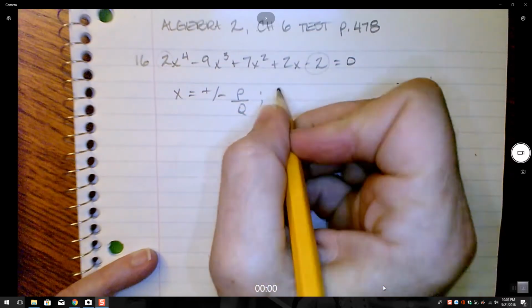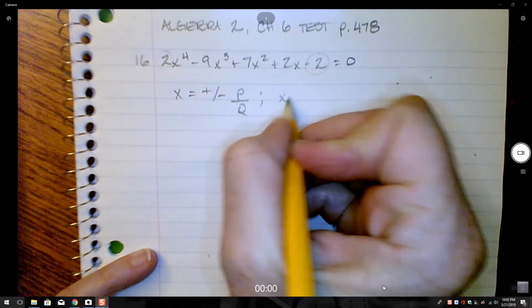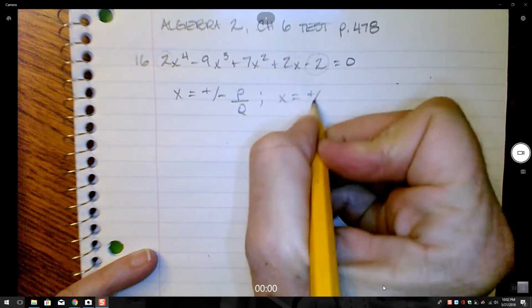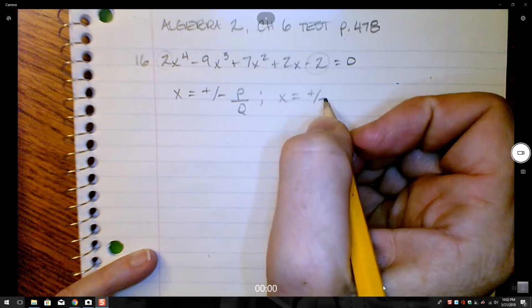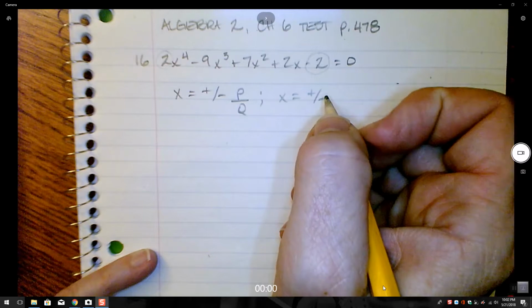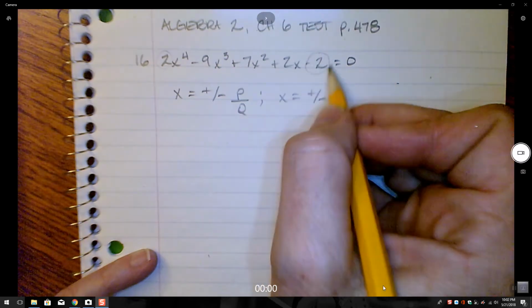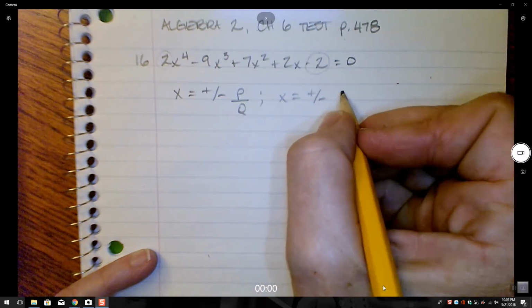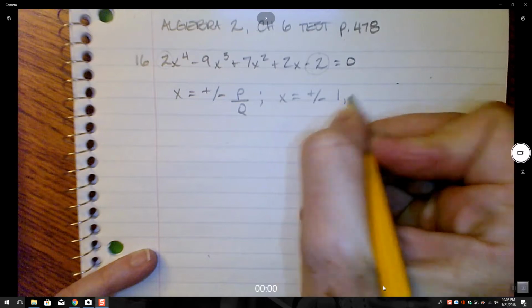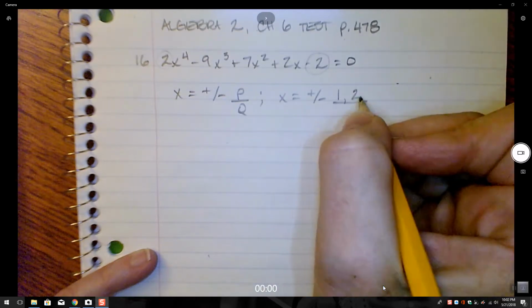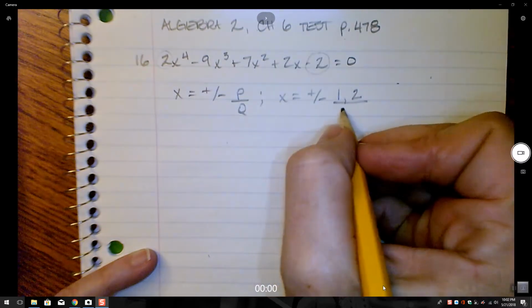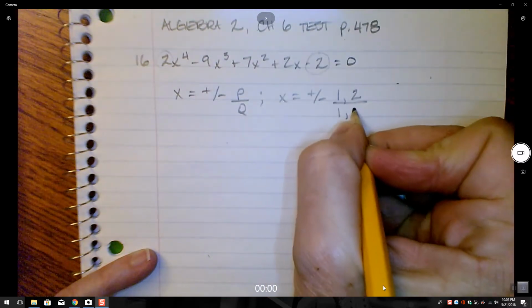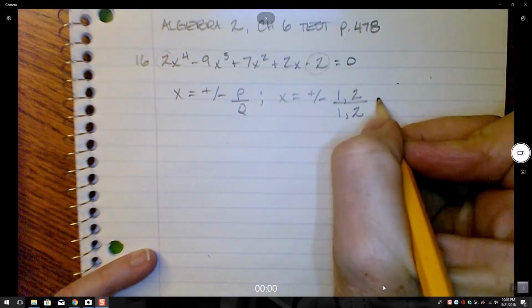So x can equal plus or minus p's that are factors of negative 2, so we have plus or minus 1 and 2, and q's that are factors of the leading coefficient 2, so again we have the options of 1 and 2.